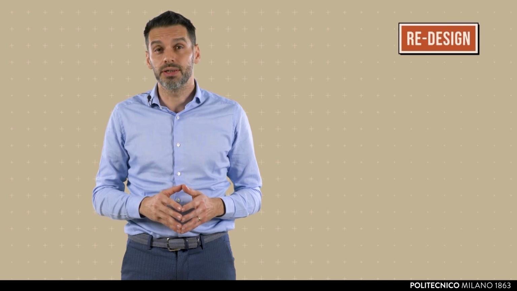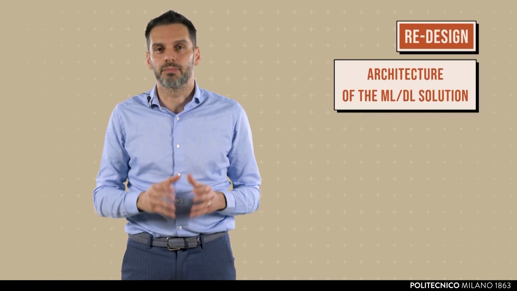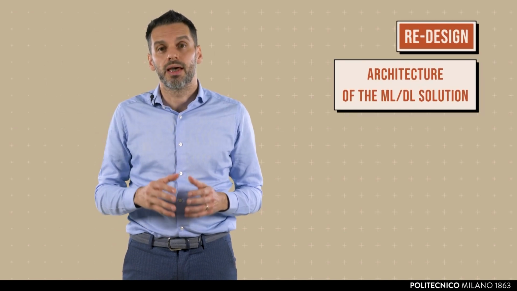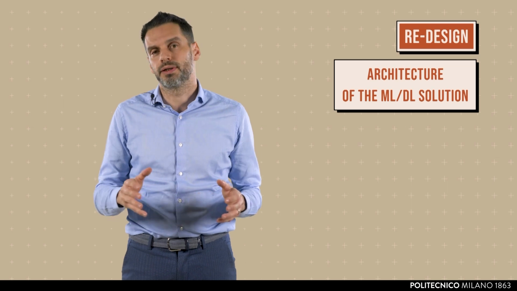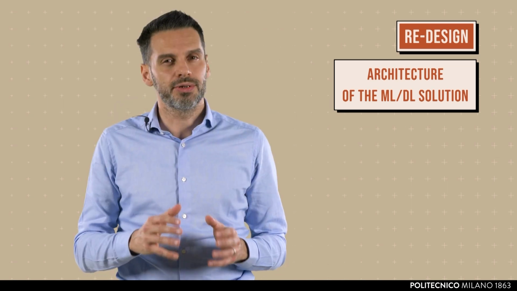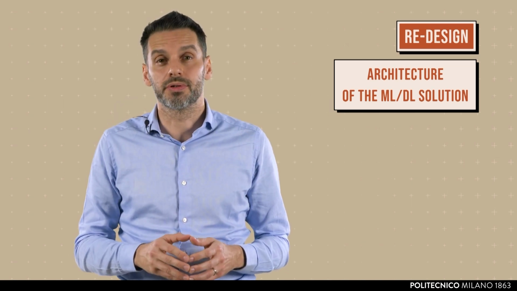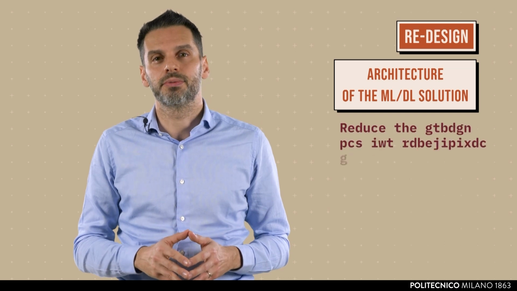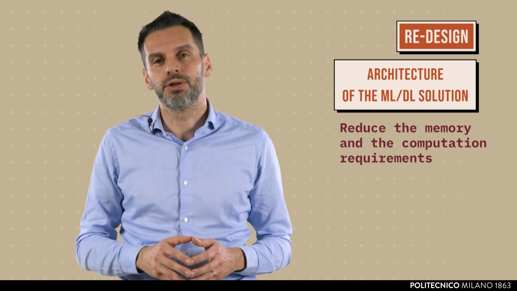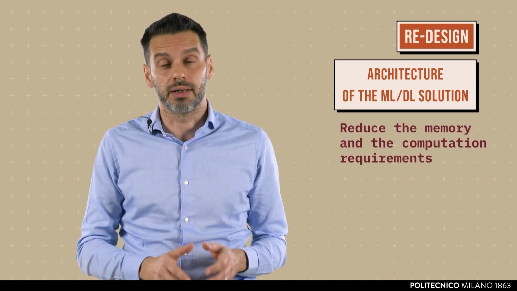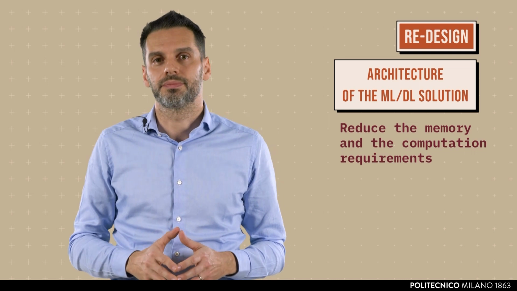To address this issue, we need three different steps. First, we need to redesign the architectures of our machine and deep learning solutions, and in particular of our neural networks. These new architectures will be able to consider by design the need to reduce the memory and the computation requirements by considering simplified and tiny models.